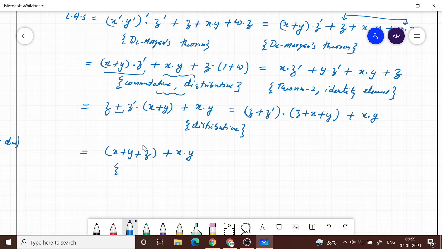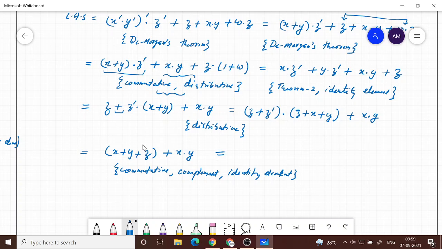One is I have interchanged the order, so there is commutative. Then z plus z dash, that is definition of complement, that is equal to 1, and then 1 dot something, so that is identity element of product. Okay, all this I have done.